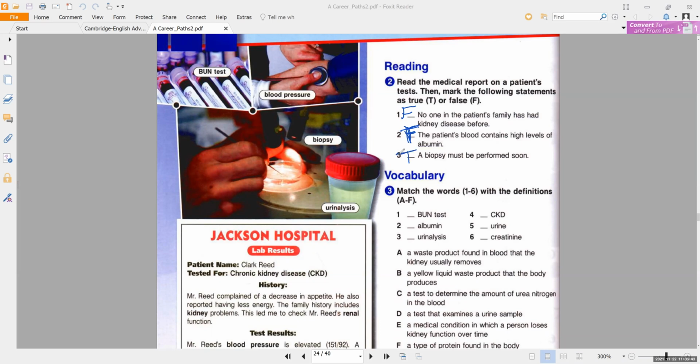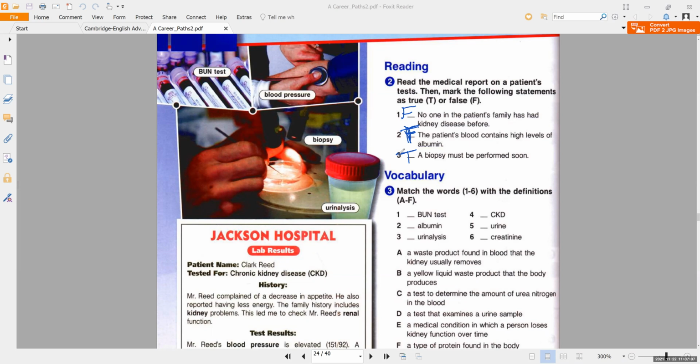Okay, now we are going to match the words 1 to 6 to the letters A, B, C, D, E, F. Okay, now number 1, BUN test.